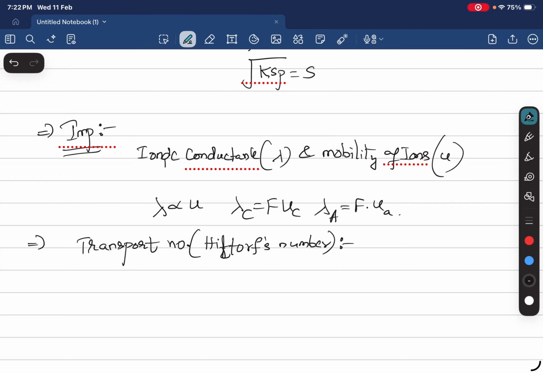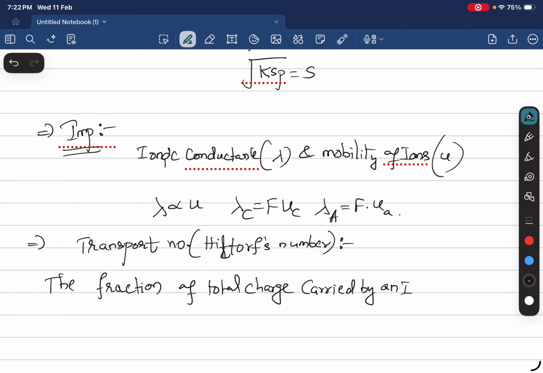So the fraction of total charge carried by any ion is called transport number.